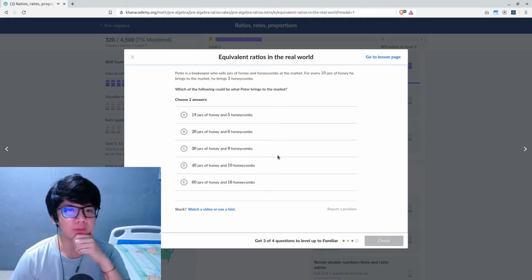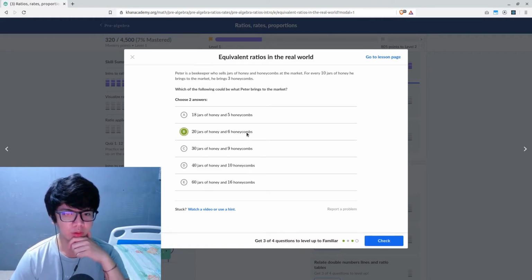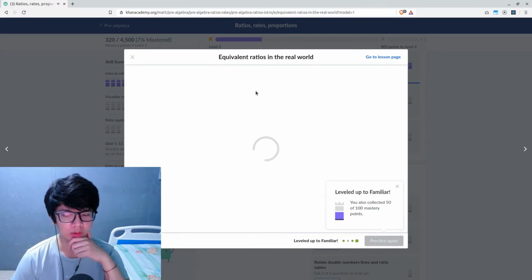So this one's multiplied by 8. Actually, no. A and E. Peter is a beekeeper who sells jars of honey, and honey comes to the market. Every 10 jars of honey he brings to the market, he brings 3 outcomes. Every 10 jars of honey. 3. So 10, 26, 13, 9.